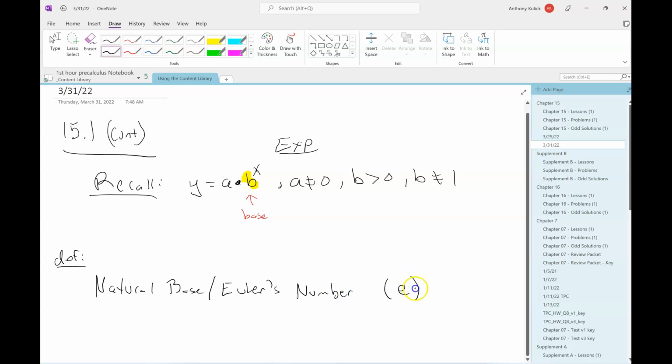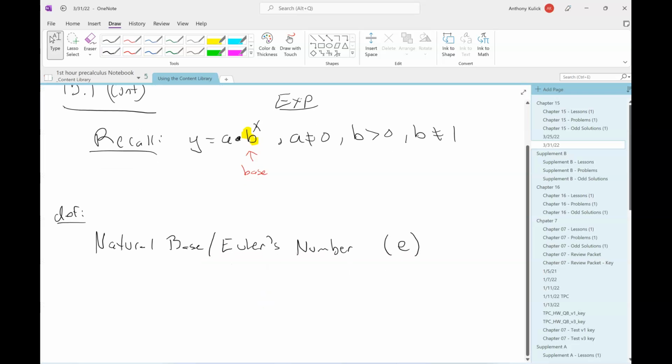And it's denoted with the letter e. And what e is, it's the limit as x goes to infinity of the expression 1 plus 1 over x to the x.